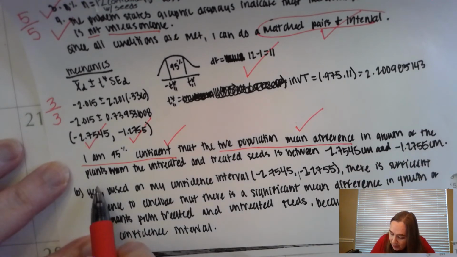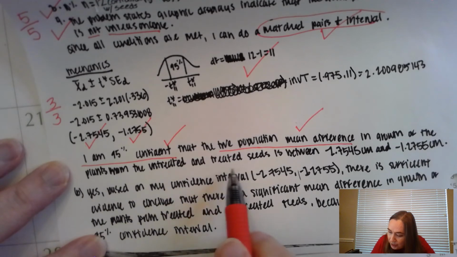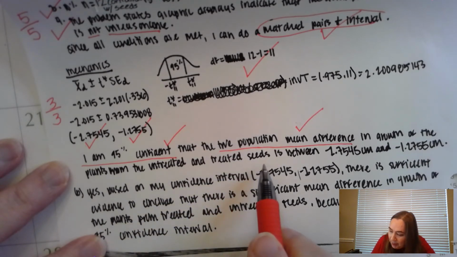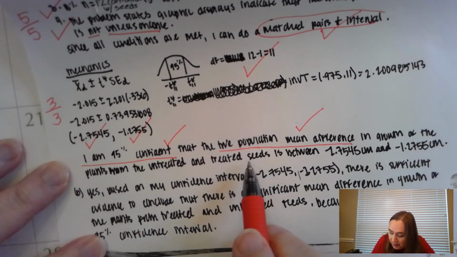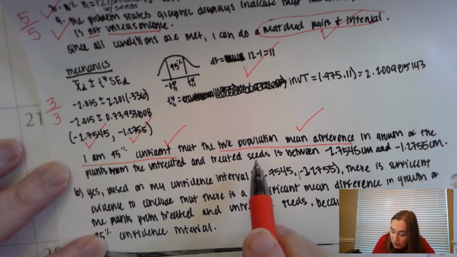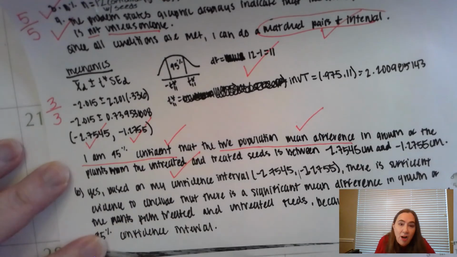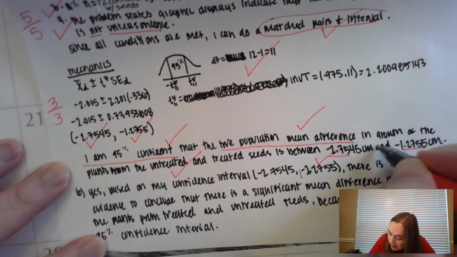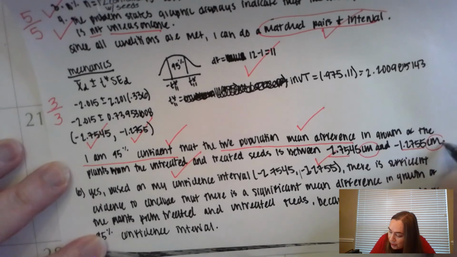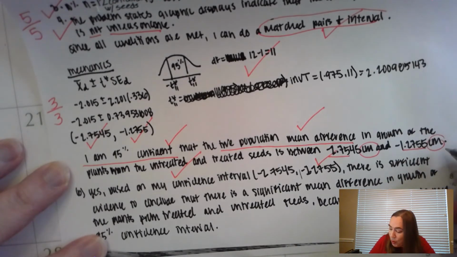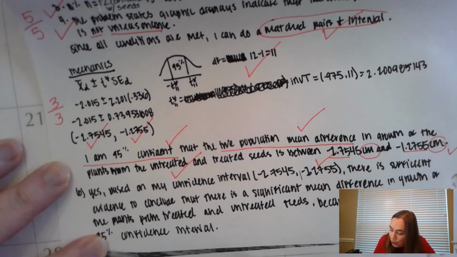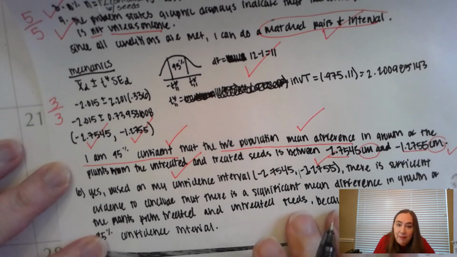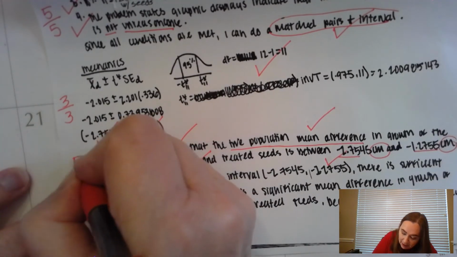In growth of the plants from the untreated and the treated seeds, and I would add maybe for Roma tomato plants, check. You've got to get context in there. Is between, and the interval needs to be written, check. And there needs to be units. We know the units are centimeters because we're working with quantitative data, check. So the interpretation is worth 5 checks, and I have 5 out of 5 here.